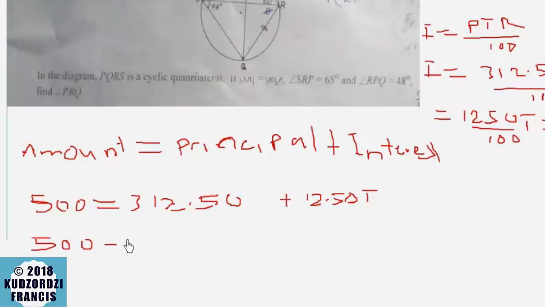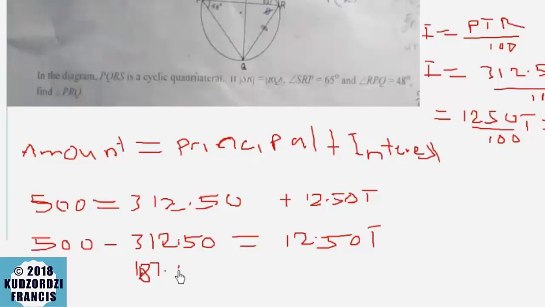It is 500 minus 312.50, which is equal to 12.50t. So when we simplify this, we are going to get 187.5 is equal to 12.50t.